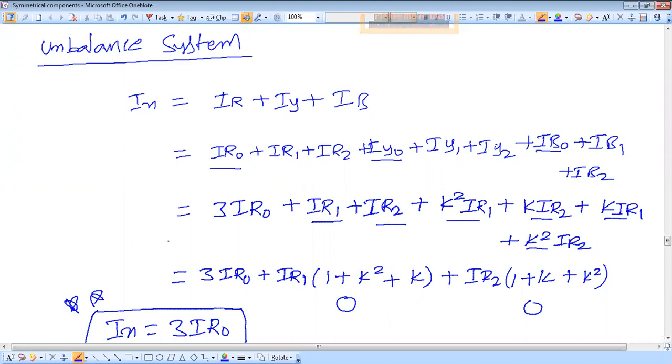Means only the zero sequence component current will flow in the neutral of the system. No positive sequence or negative sequence component current flows in the neutral.